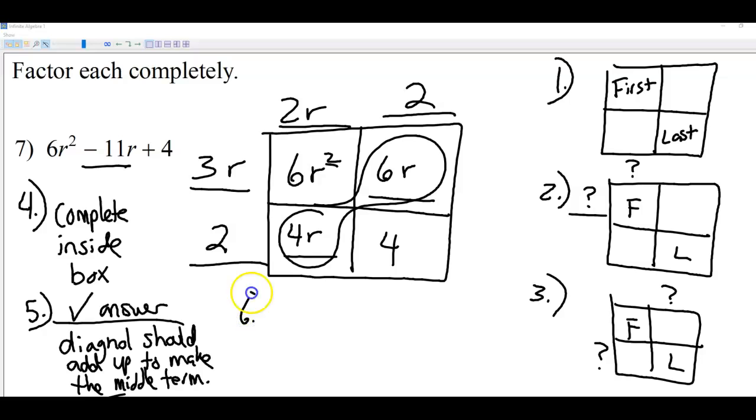Ready? The first thing you want to do is switch the numbers, switch the location.